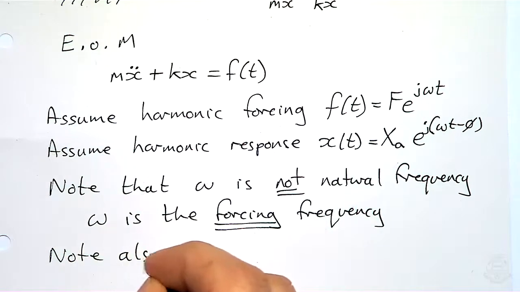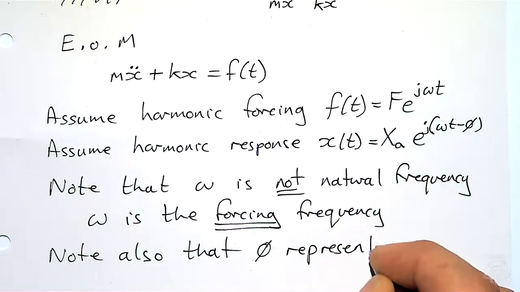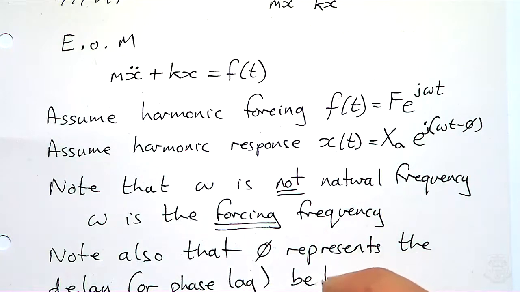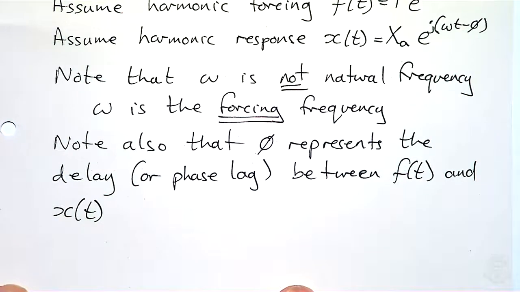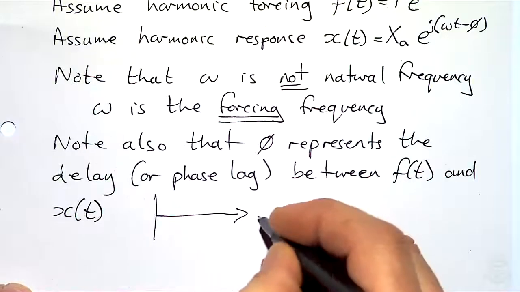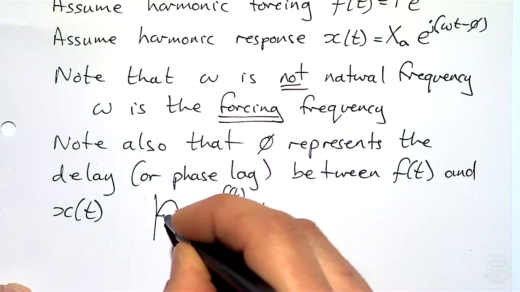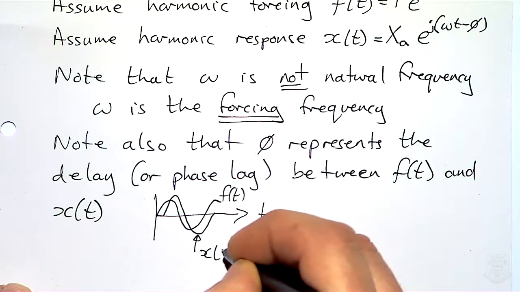So note also, all that means is if we have a time graph and we start shaking something with f, so this is f of t, then it starts to respond at a slightly delayed time, which is x of t, okay?